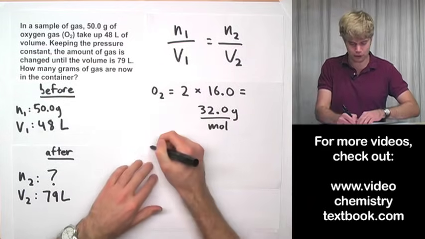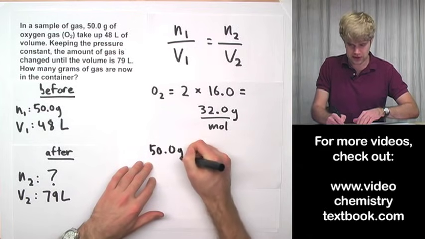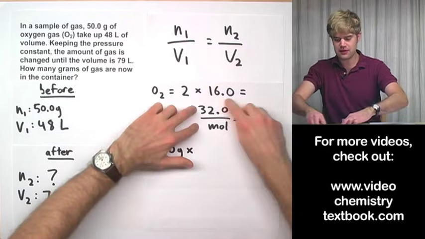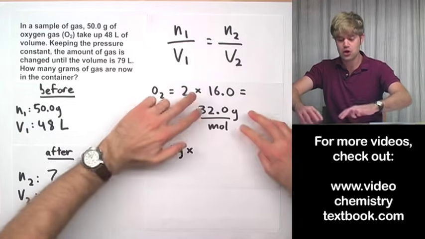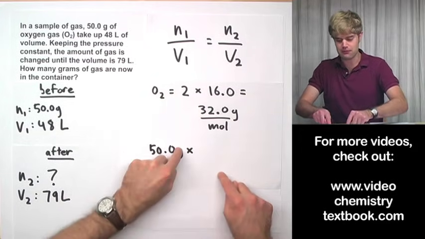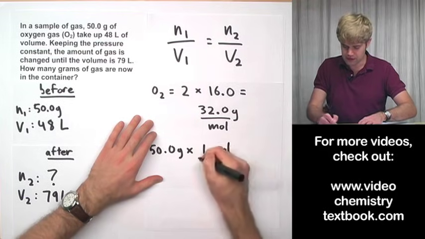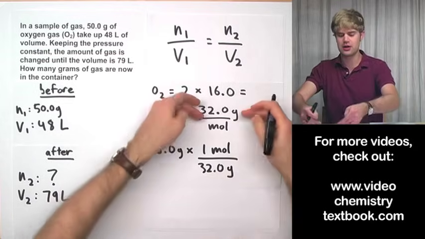So now we want to go from grams, which is 50.0 grams, and I want to multiply this by this grams per mole fraction in a way that's going to cancel out grams. So I'm actually going to want to flip this so that I have grams on the bottom so that they cancel out. So I'm going to do 1 mole divided by 32.0 grams. All I've done is flip this.